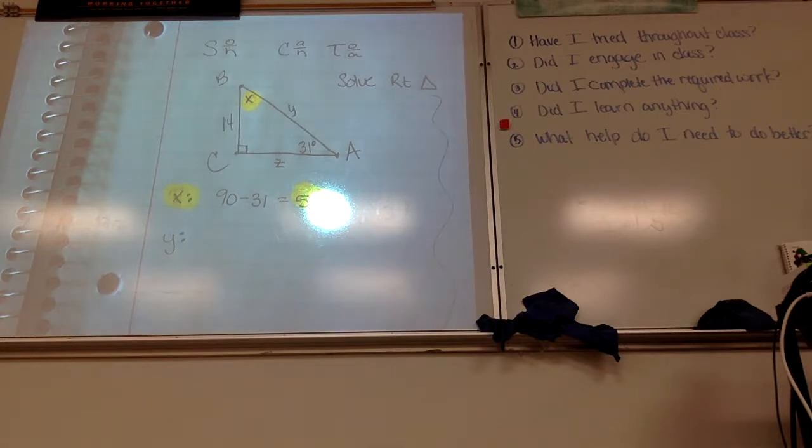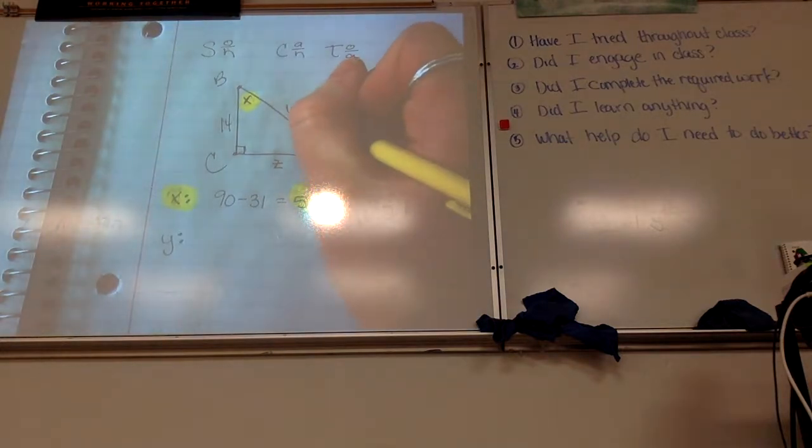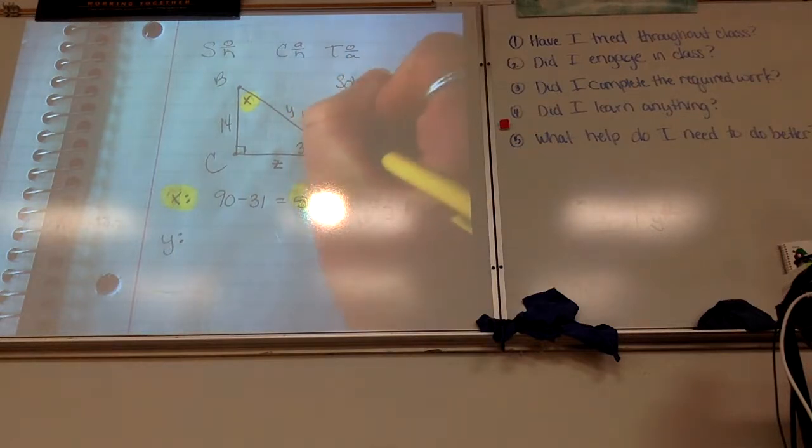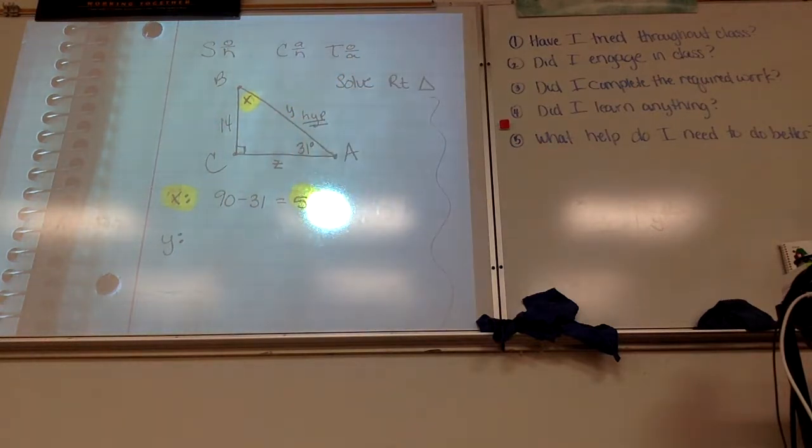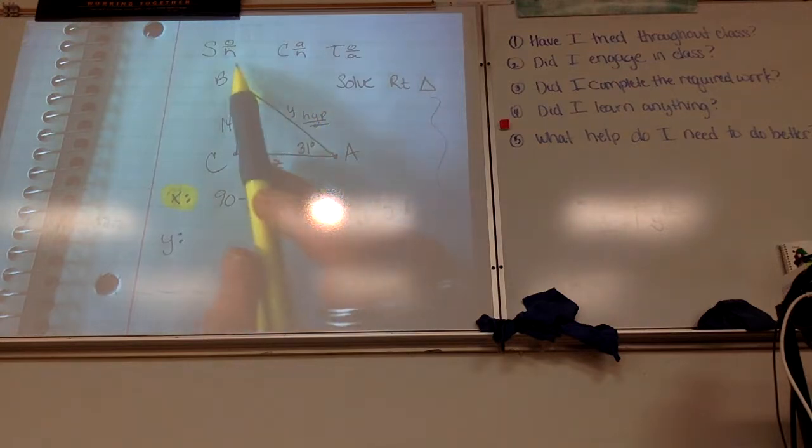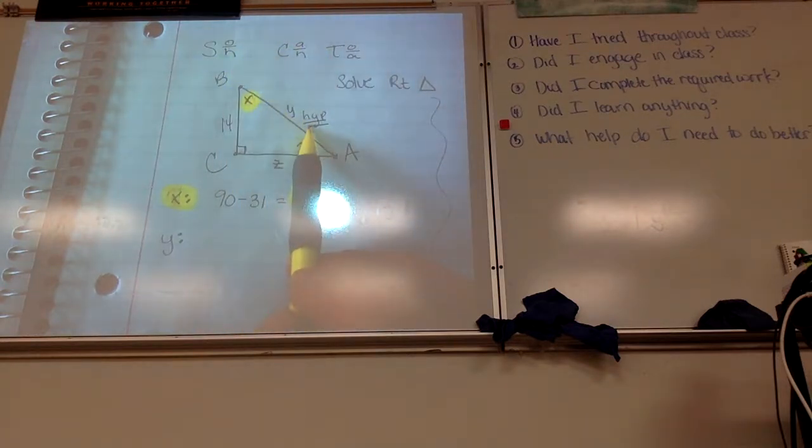All right. Before I move on, let's go ahead and label the hypotenuse. Where is the hypotenuse? The 14, the Y, or the Z? So the Y is the hypotenuse. So I'm going to use the hypotenuse in my trig ratio. So which 2 trig ratios might I be using? Good. I'll be using either sine or cosine because I want to use the hypotenuse. Perfect.